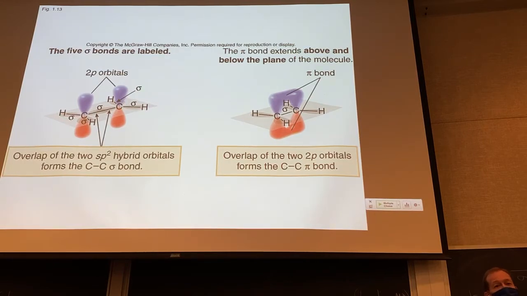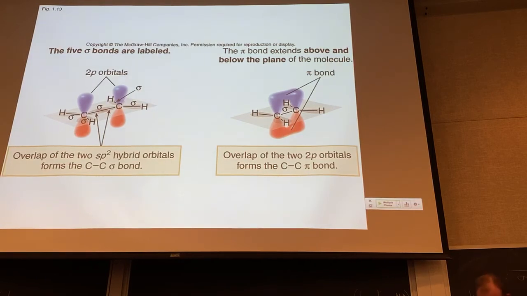So end-to-end overlap makes a sigma bond, and that gives you the electron density on the axis between the 2 atoms. But side-to-side overlap gives you a pi bond, in which the electron density is going to be above and below, but not in the plane that those atoms are involved in. Okay? So overlapping our p orbitals gives us the pi bond.